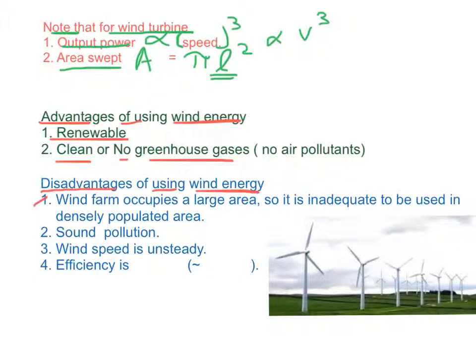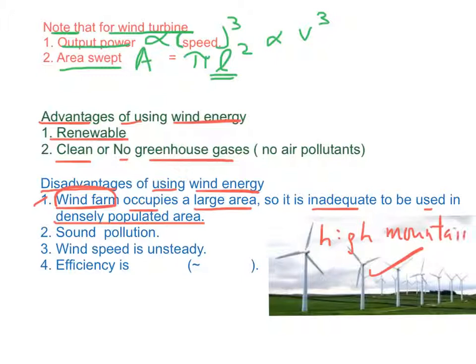First, a wind farm occupies a large area, so it is inadequate to be used in densely populated areas, such as in Hong Kong. Therefore, wind farms are usually built on high mountains or in the sea.